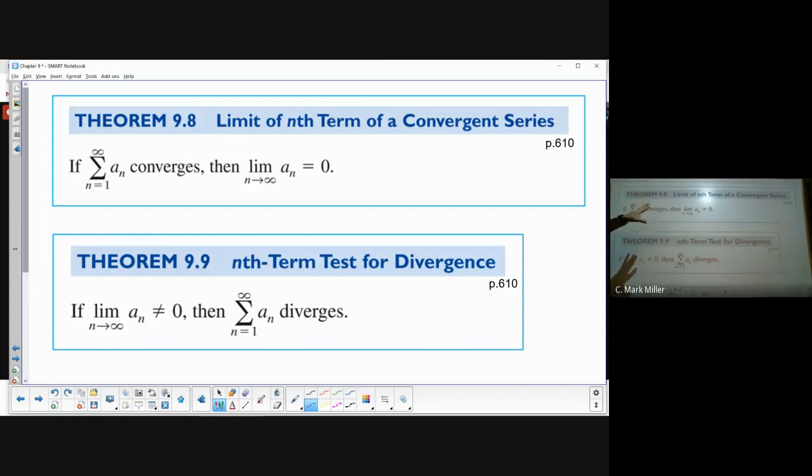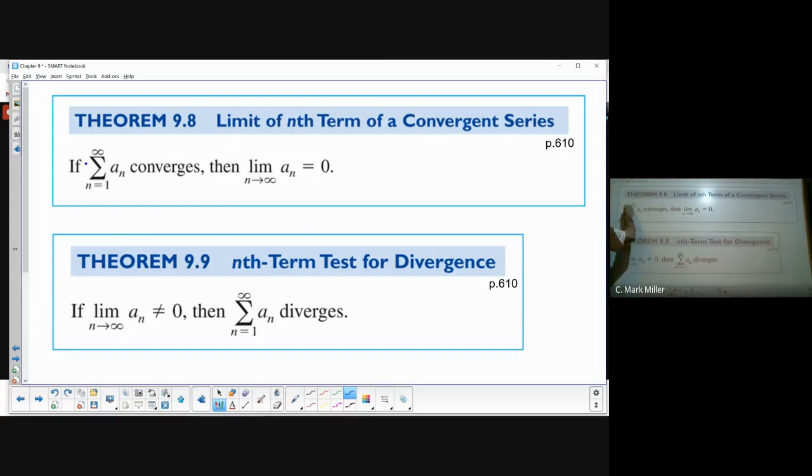What I want you to understand, these 2 theorems are the same theorem. No, one's 9.8, one's 9.9. Well, that's true. But I'm going to introduce you to a principle, right?